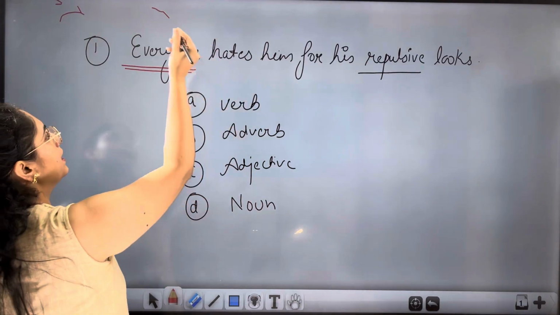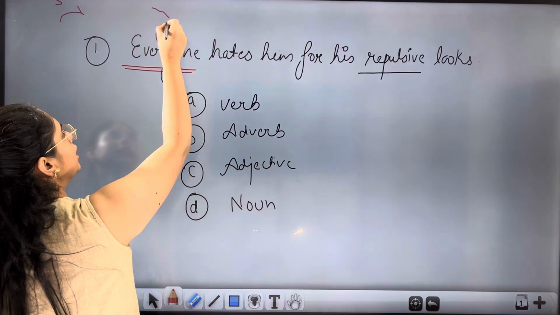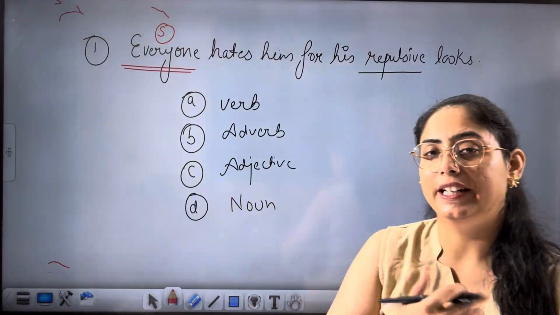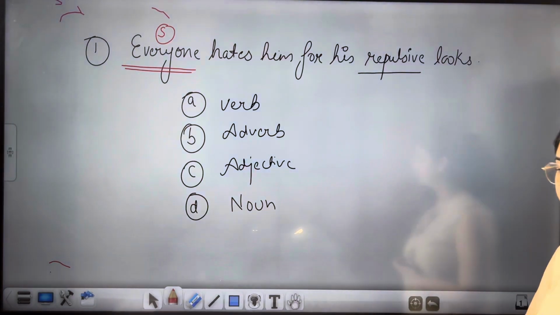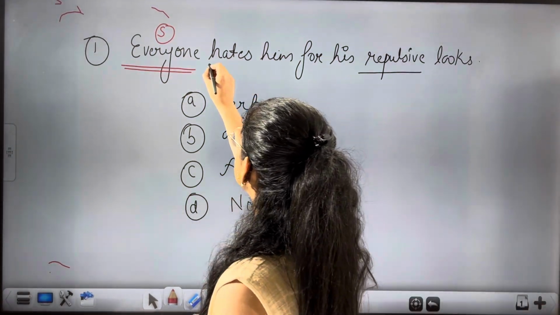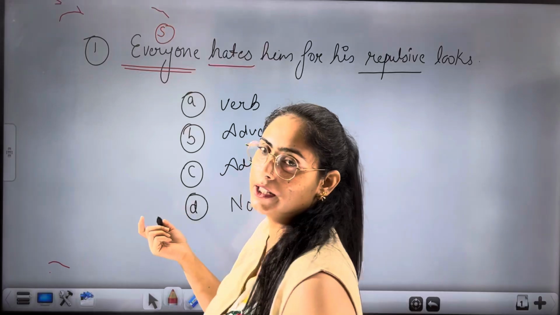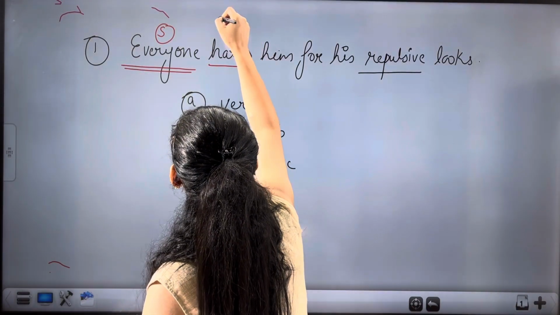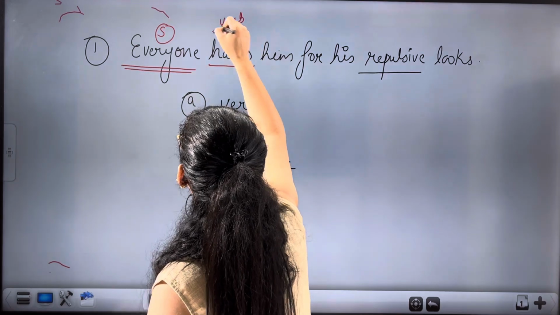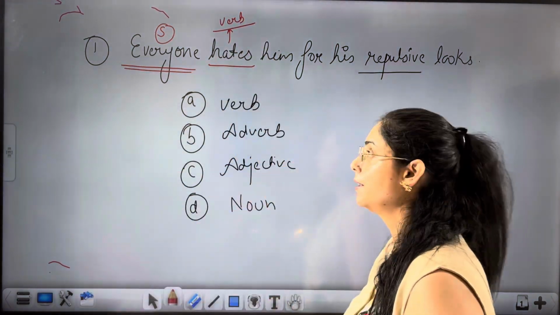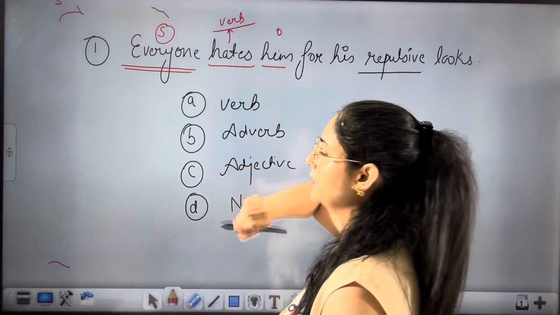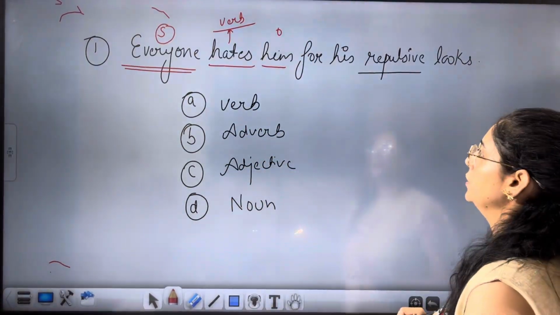Obviously here this is the subject, and the subject is in pronoun form. Which pronoun? Indefinite pronoun. What is everyone doing? Everyone is hating. Actually hating is not a word. Everyone hates. What is hates? Hates is acting as a verb. This is the main verb. Everyone hates him, object of the sentence and also the pronoun.